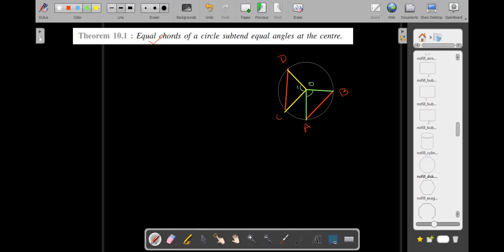If we give the numbers, angle 1 and angle 2, we have to show the proof. And what is given? CD is equal to AB.